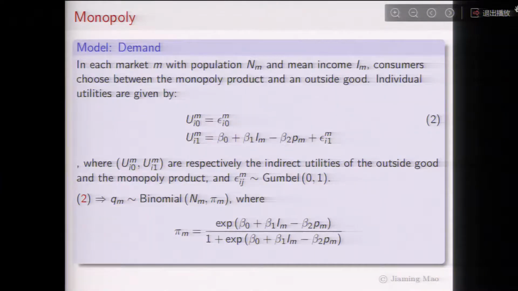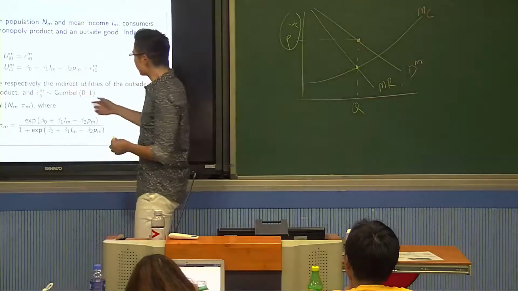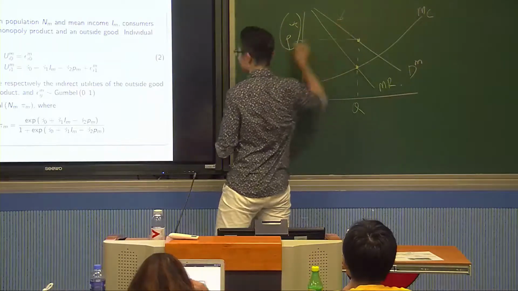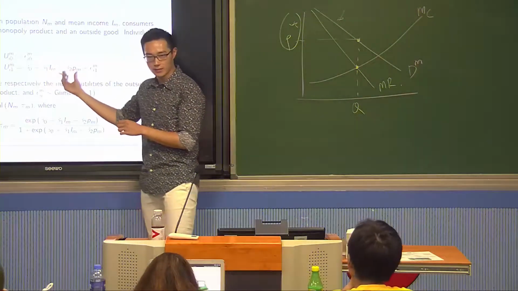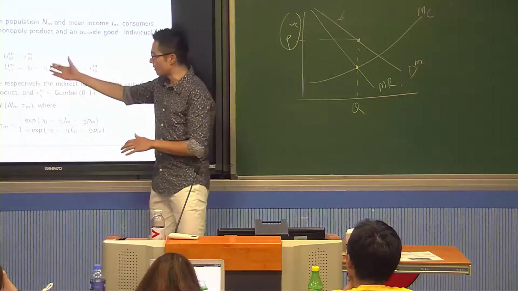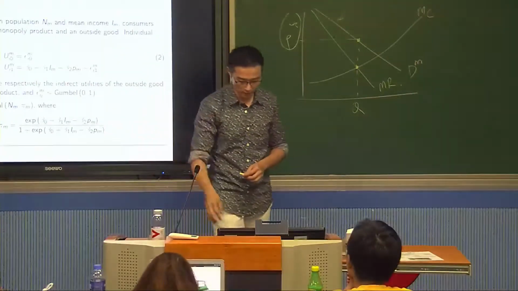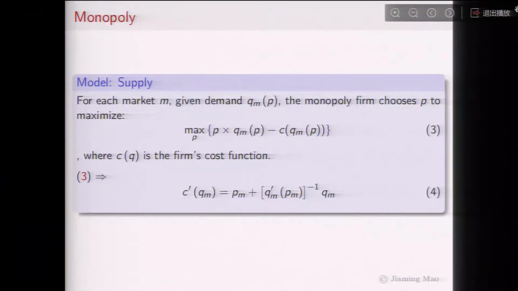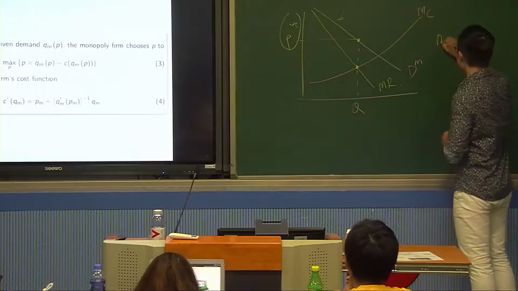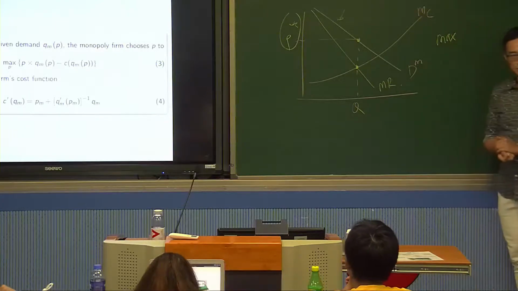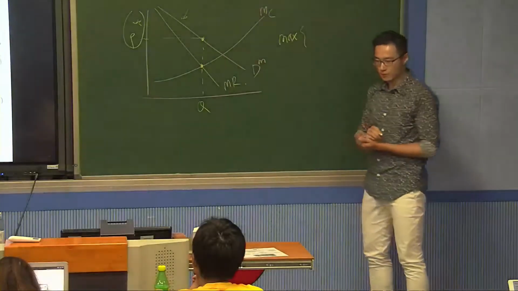In particular, we're going to say that there is a demand curve. We're going to say the demand curve looks like this. It's a relation with income and the price. The higher the price, the lower the demand. The higher the income, the more demand. Right? Typical demand curve. Now, given this demand curve, what this company would do is maximize its profit. Okay? And how much is the profit?